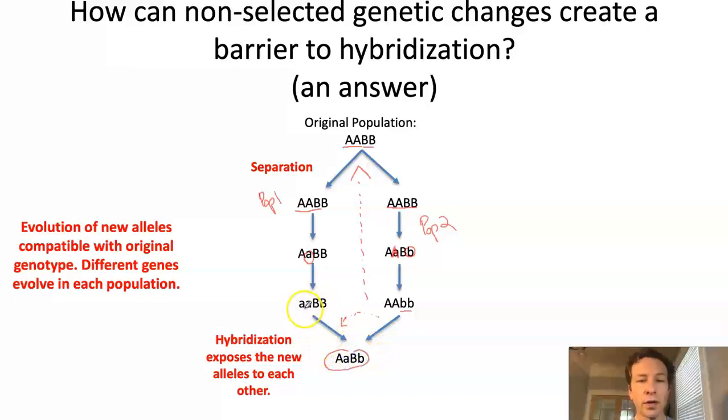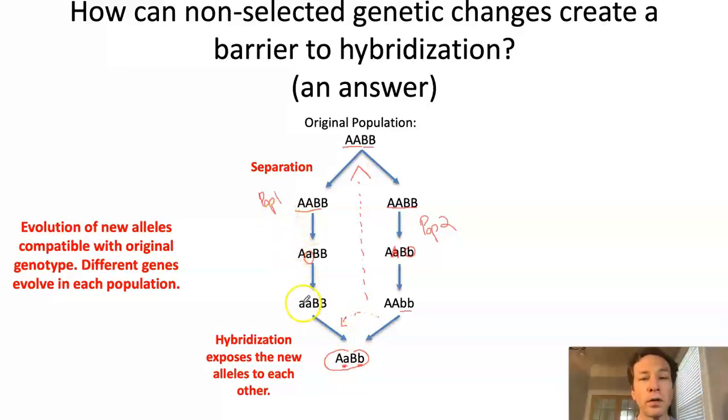It's going to get little a from pop 1, big A from pop 2, big B from pop 1, and little b from population 2. So it is now a double heterozygote. Now we have a situation where little a and little b are seeing each other for the first time. This is the first time they've been in a plant together.